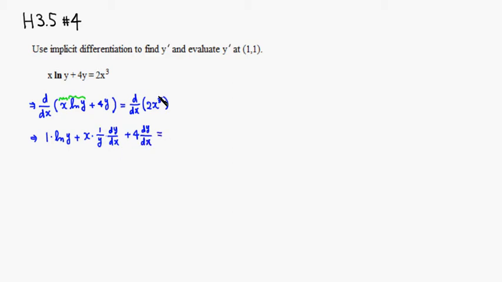Then the derivative of 2x cubed is just a regular derivative. 2 times 3 is 6, subtract 1 from the power, so 6x squared. Then I want to combine these two terms together, since both have dy over dx. So combine those and factor it out.